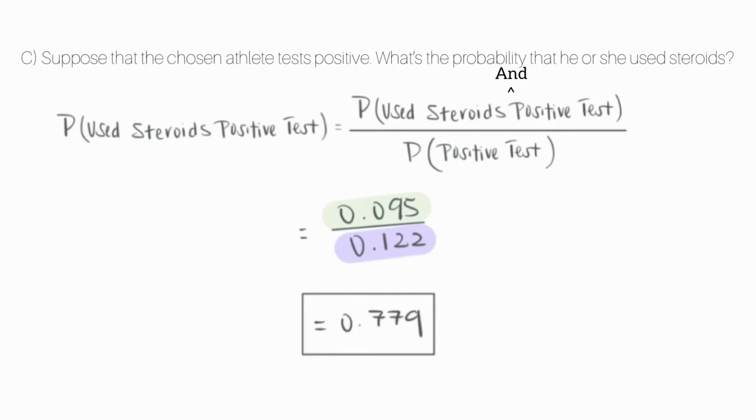And the probability used steroids and tested positive was from the tree diagram we made earlier. The probability for that was 0.095. Divide 0.095 over 0.122. The quotient of that is 0.779. And that's the end of reviewing question 6, detecting steroids.